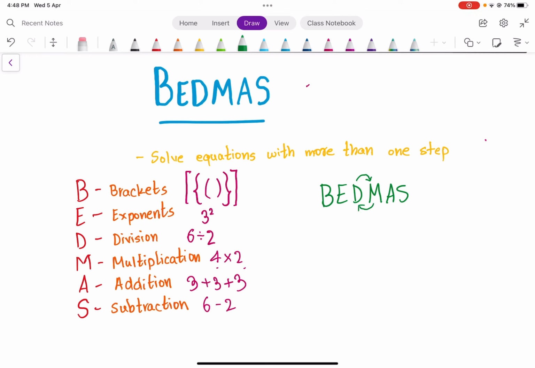So if there was both division and multiplication in a question, you could do either one of those first. Same goes for addition and subtraction. If you wanted to do subtraction before addition, it wouldn't cause a problem.